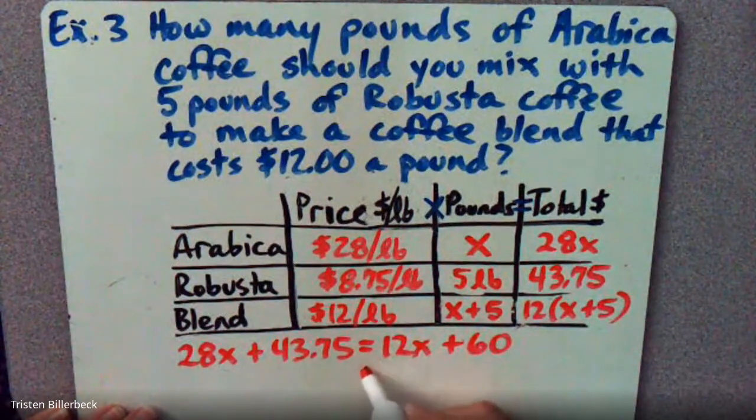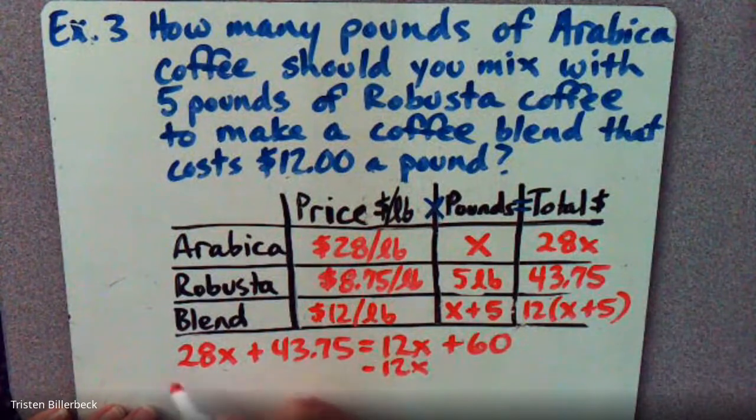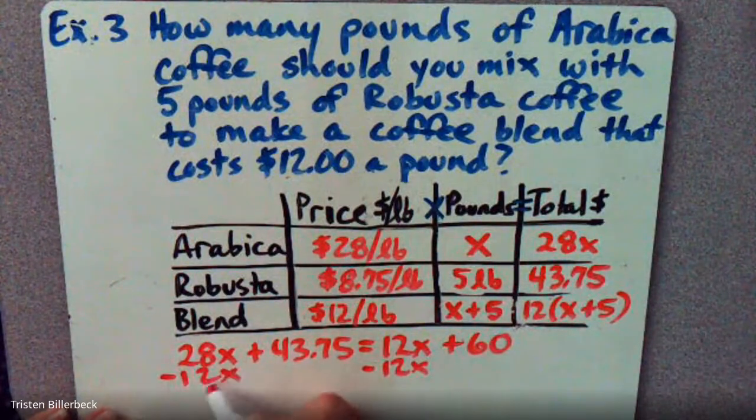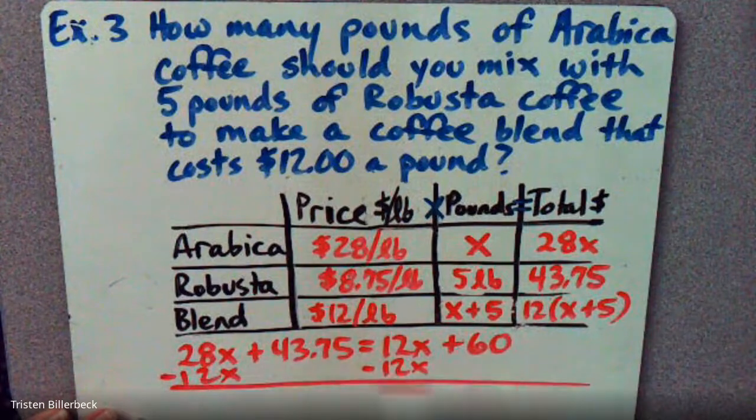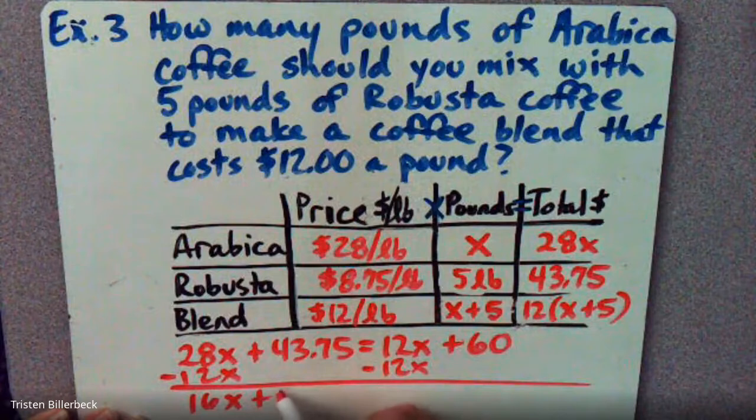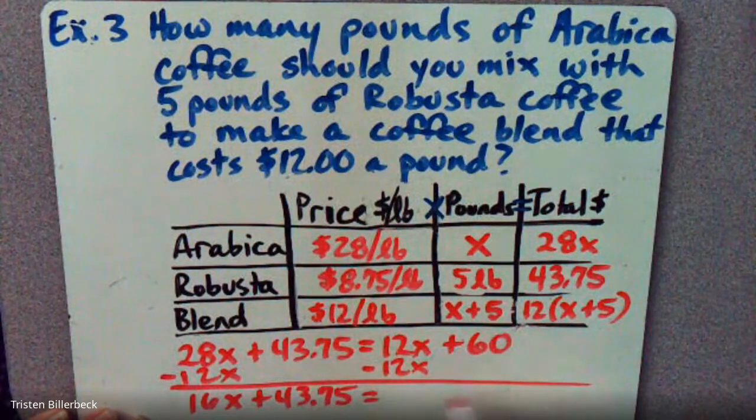Okay, so we're going to subtract 12x here. And that gives me 16x plus 43.75 equals 60. And then I'm going to subtract 43.75 from 60.